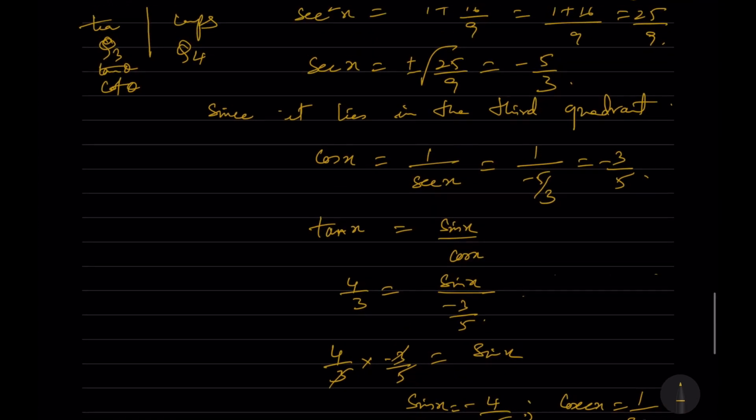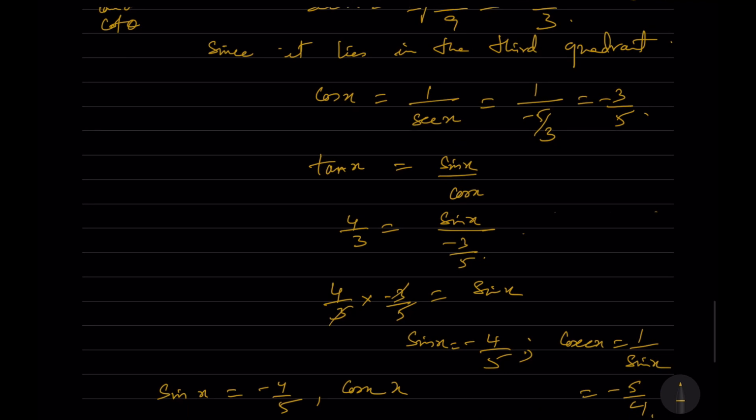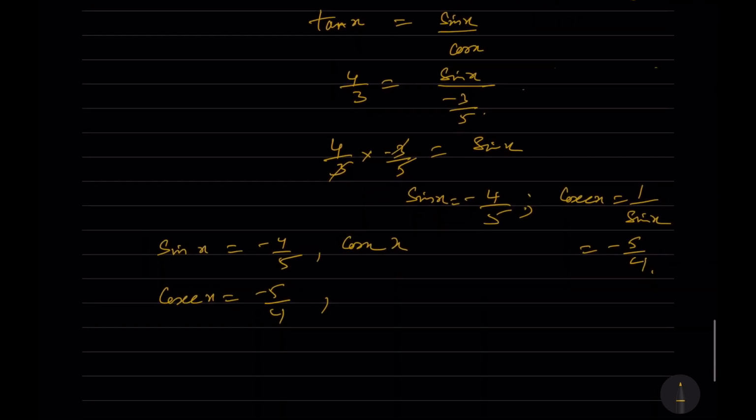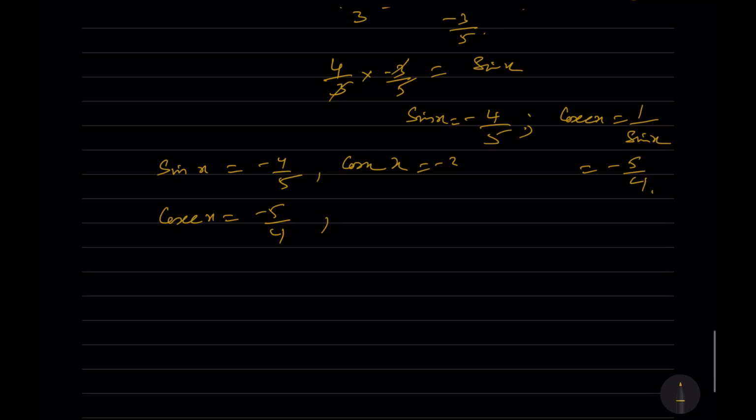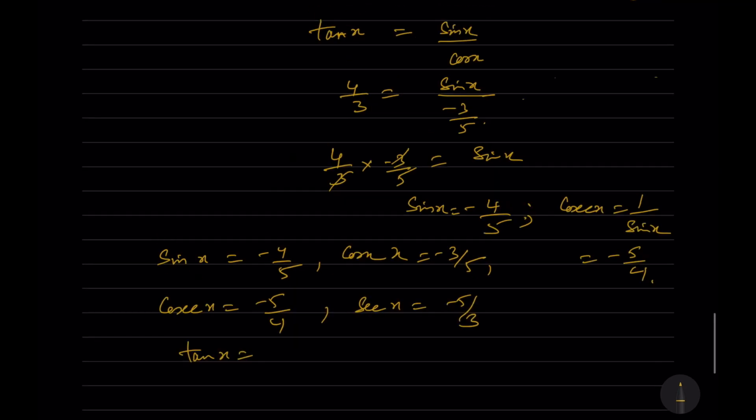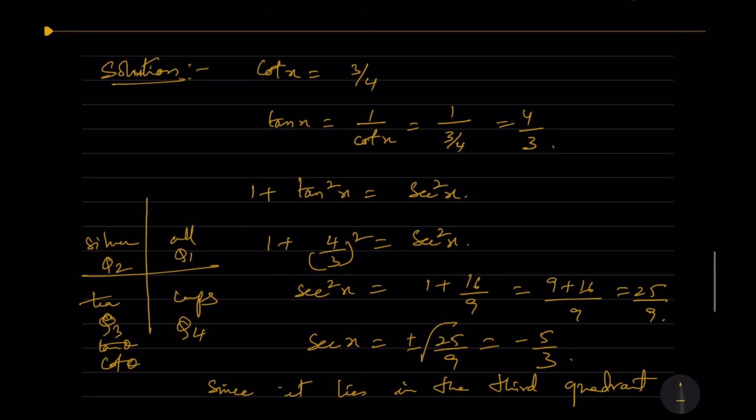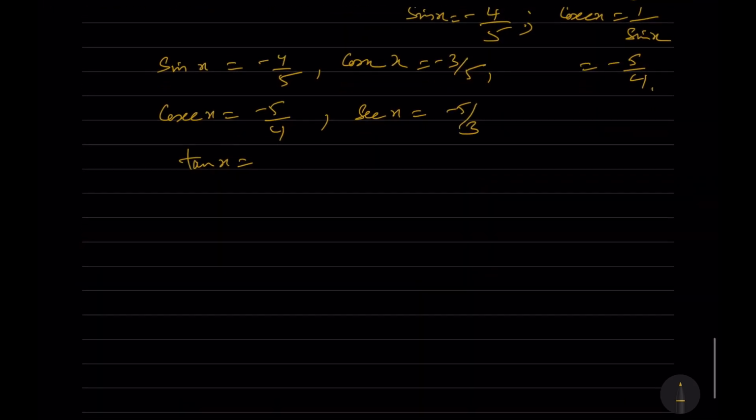Here you can see it is minus 3 by 5. Secant x is equal to minus 5 by 3. And here we have tan and cot. Tan x is equal to 4 by 3, as given, and cot x is equal to 3 by 4. This is the answer for this.